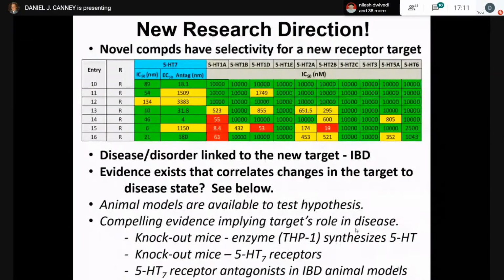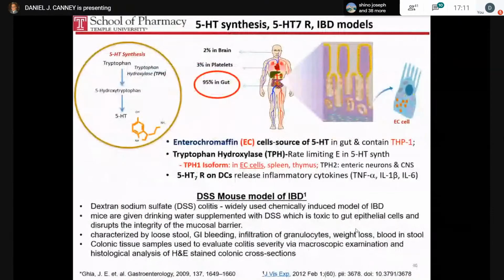They've done knockouts where they've knocked out the 5-HT7 receptor, and they've used 5-HT7 antagonists to show that the 5-HT7 receptor might be involved. So the model, this is just kind of a summary of what I've discussed so far: serotonin synthesis, the 5-HT7 receptor, and the IBD models, right? So those are three things that I'm going to present here in just a minute.